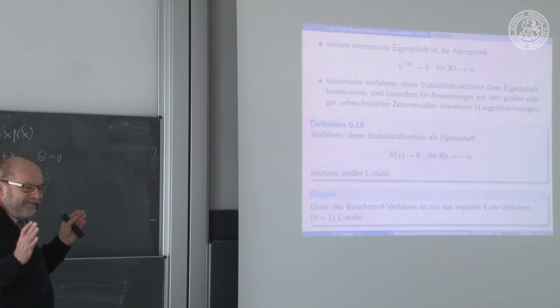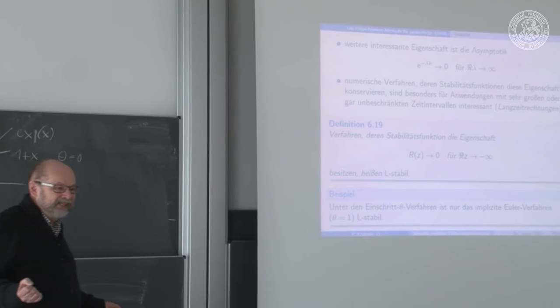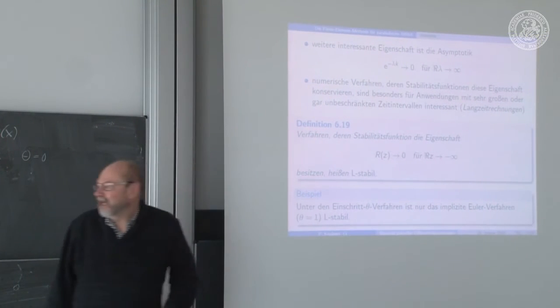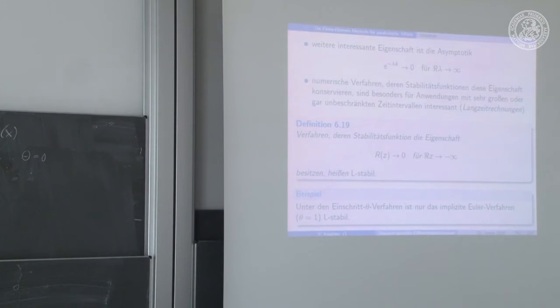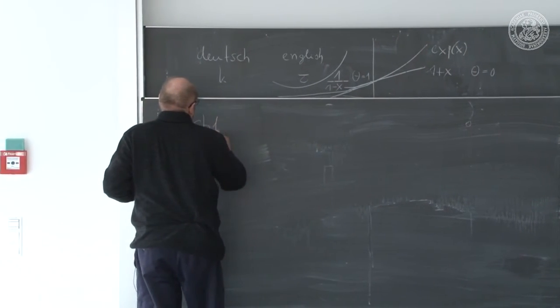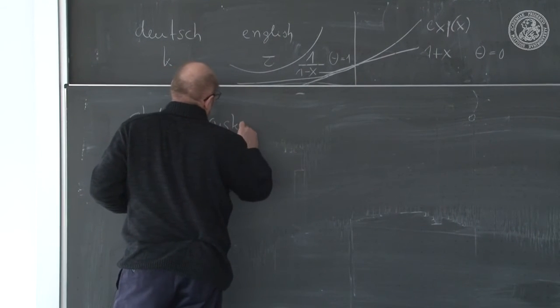So what we have here is a stiff system in the sense that usually we have an enormous range in the eigenvalues, and therefore in the behavior of the solution components.